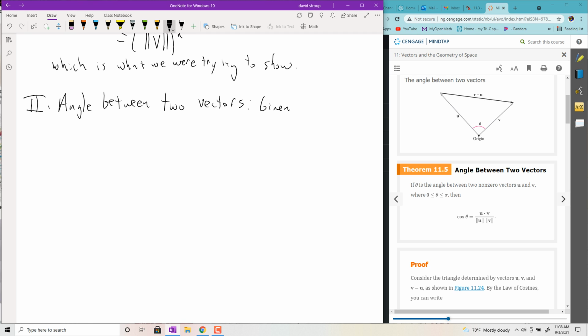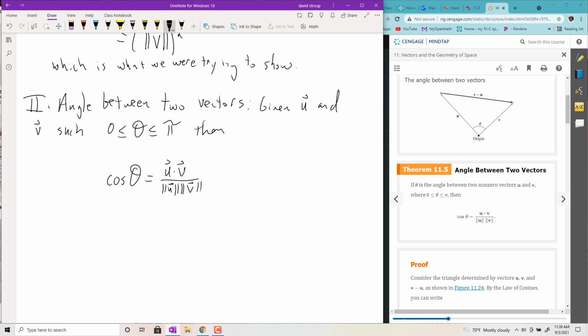Given two non-zero vectors, let's say u and v, such that the angle between the two vectors is between 0 and pi, then we can make a relationship between the dot product and that angle via trig. So cosine of theta will equal u dot v, all over the magnitude of u times the magnitude of v.